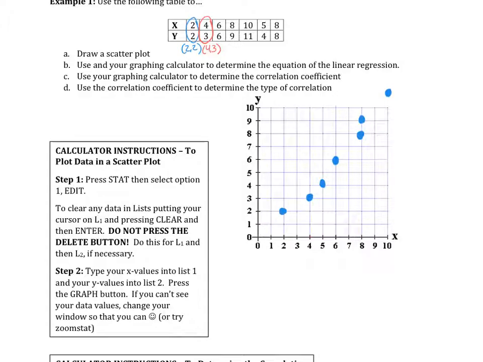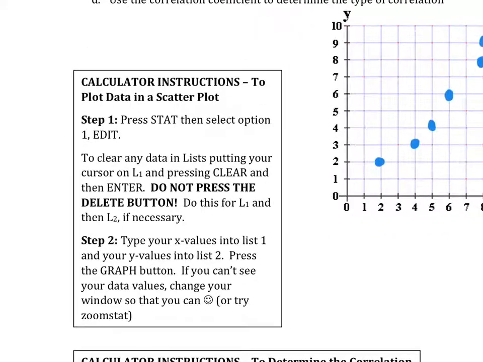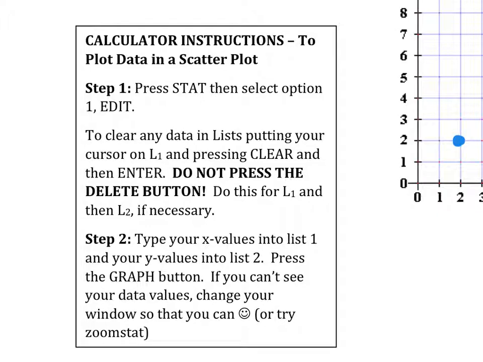To use our calculator to graph a scatter plot, I have the directions here in this little box. So if you press the stat button on your calculator, which is under delete next to the arrows, then you're going to select the first option.